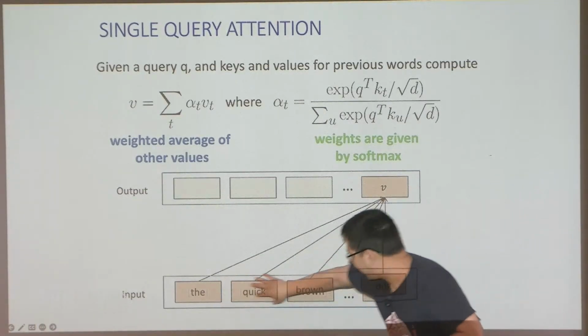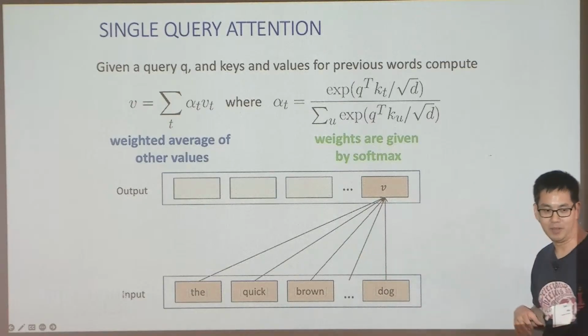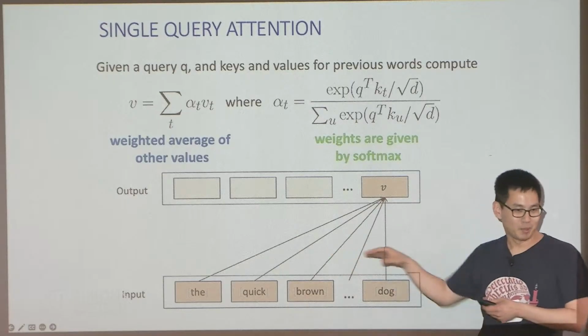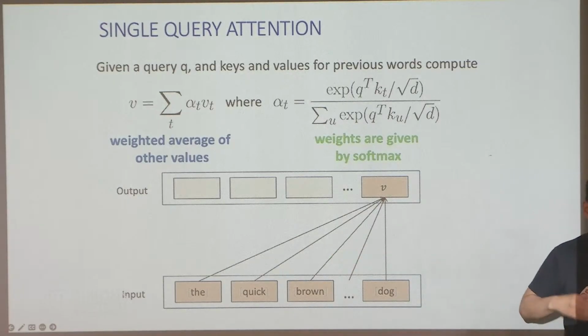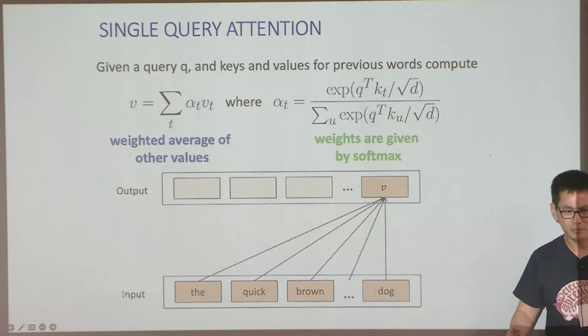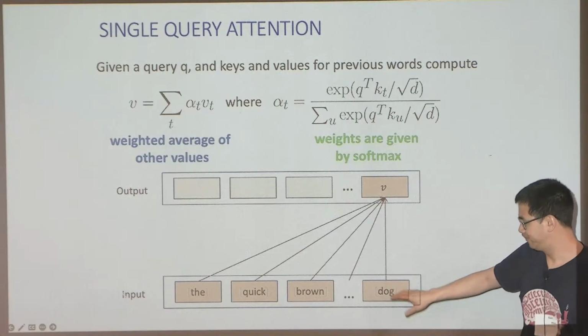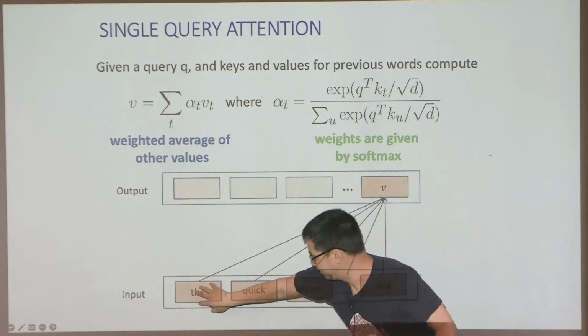Let's say this is the entire context, the entire length of the prompt. I often use n for that. In this case, since this is at the end, everything is a previous word. But this is an issue of whether or not you are doing masking. Let's not worry about that for now. In what's called the decoder part of a version of a transformer, you would only look at the previous words, for example only the quick brown.